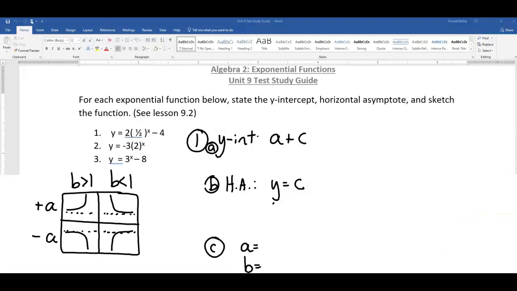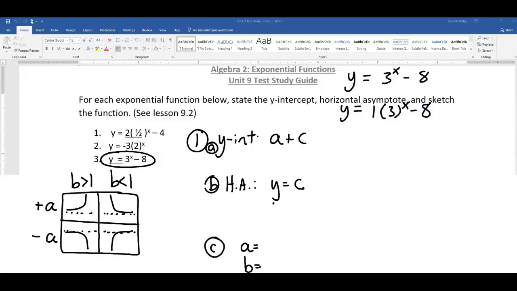For this particular problem, we're missing the a value. They give us the problem written like this, but that means that the a value is 1. So anytime you're missing the a value, it's a 1.